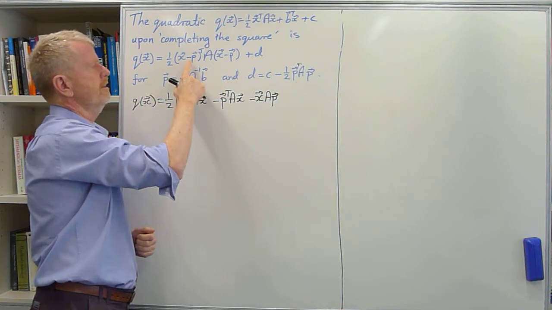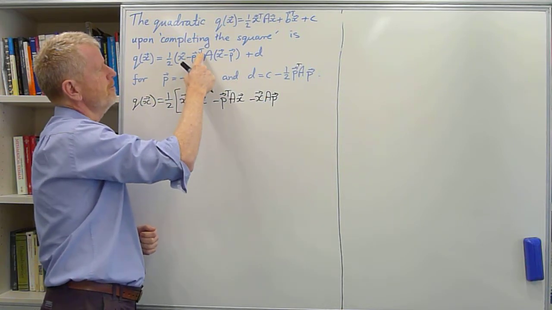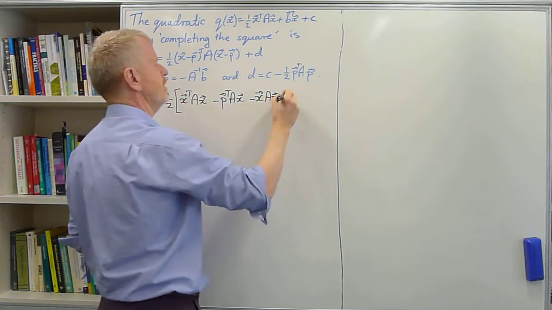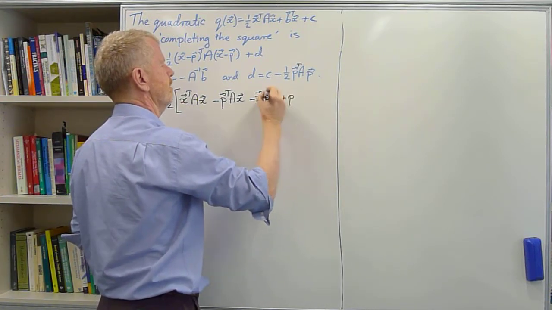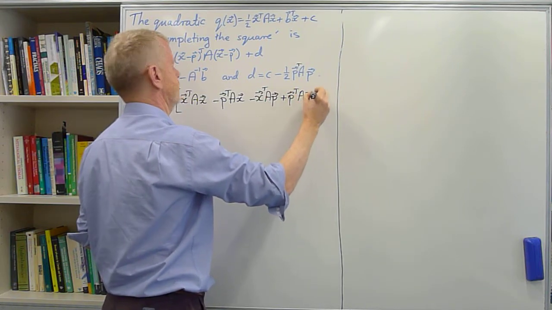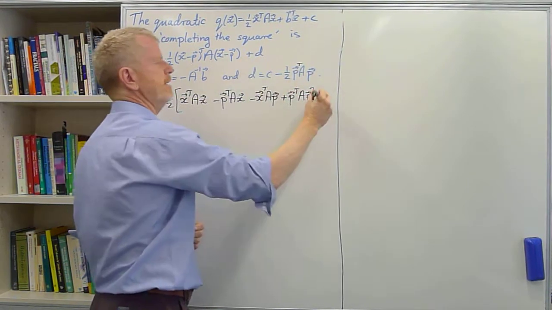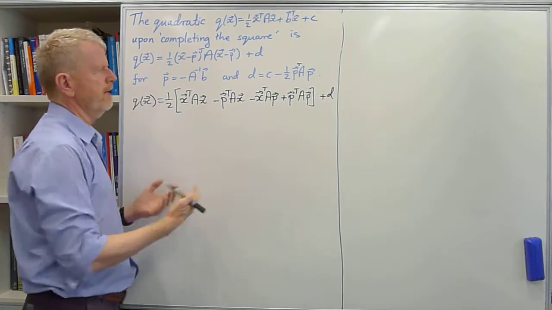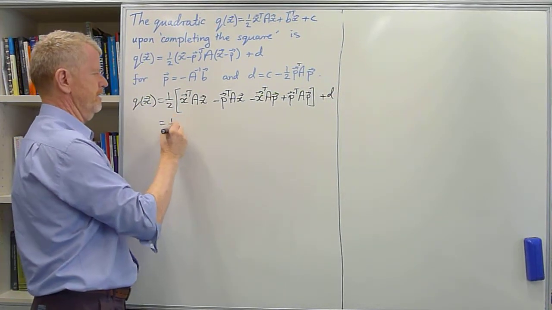And then lastly, there's minus p transposed A minus p. And the 2 minuses become a plus. So we get p transposed Ap. And then lastly, there's plus the constant d. Now let's group like terms.